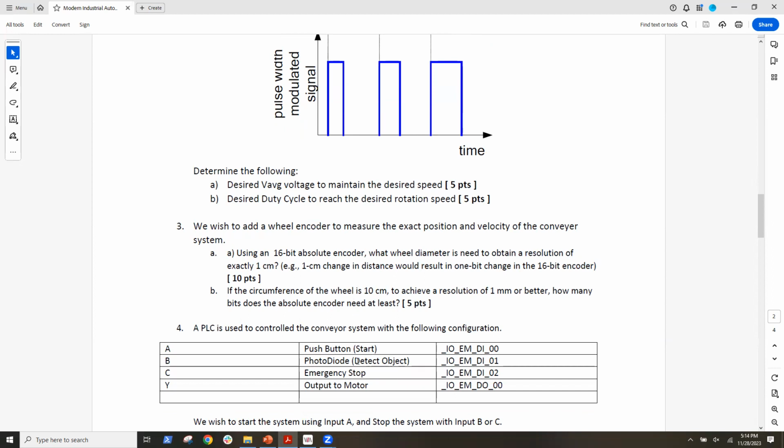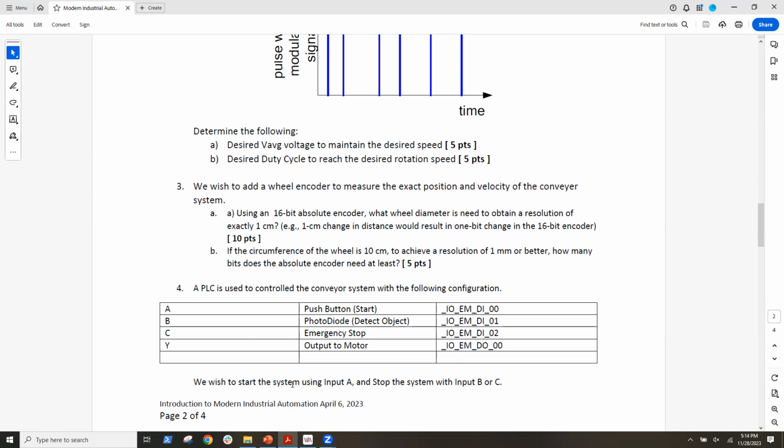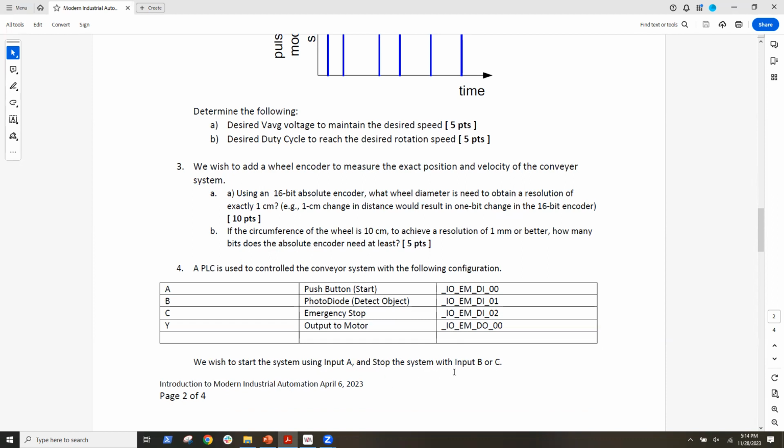So this was to draw out the operation: I wanted to start with the button, stop it, but also have an emergency stop with B or C. Figure out the correct logic to write it out. Make sure you read it carefully and actually work it out, because sometimes if you read it as AND or OR and then do the math, you want to verify that it actually works out, in your head at least.